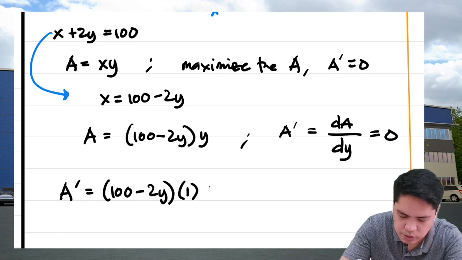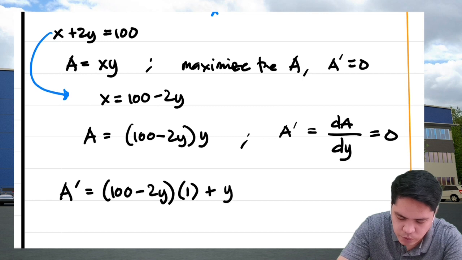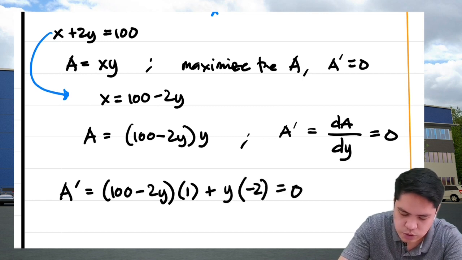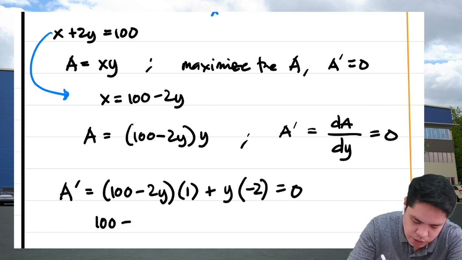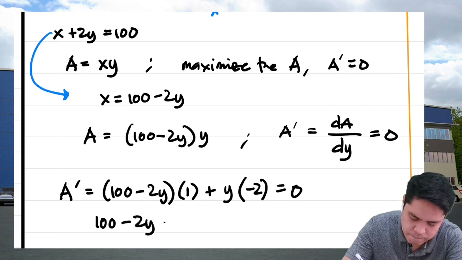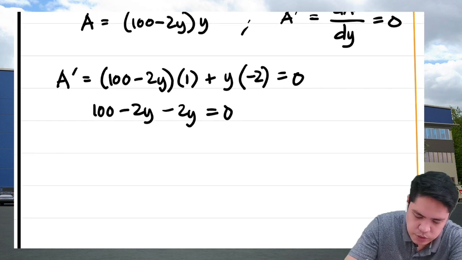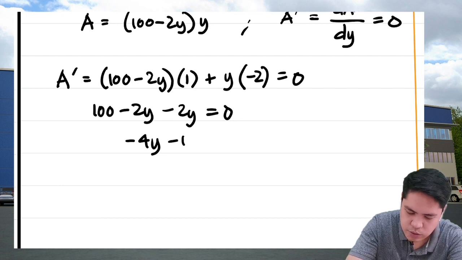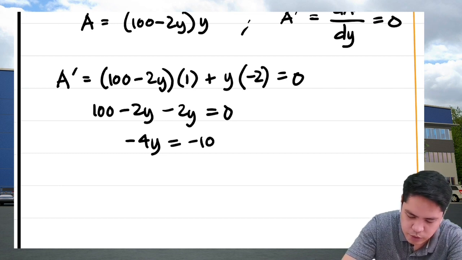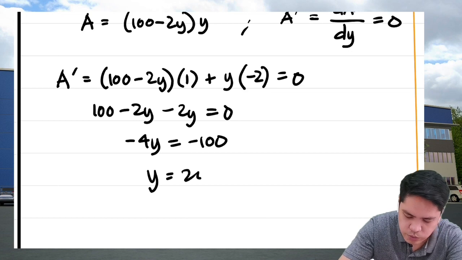So lagay na lang natin, plus y times the derivative of 100 minus 2y is just negative 2. And equate that to 0. Then simplify, we'll have 100 minus 2y minus 2y. That's equal to 0. So, negative 4y is equal to negative 100, no?